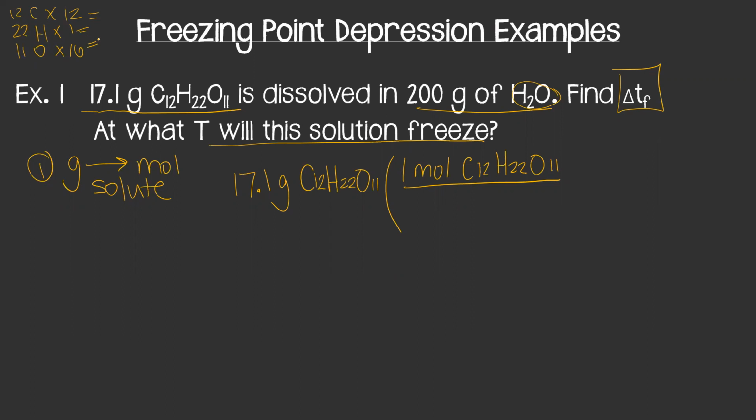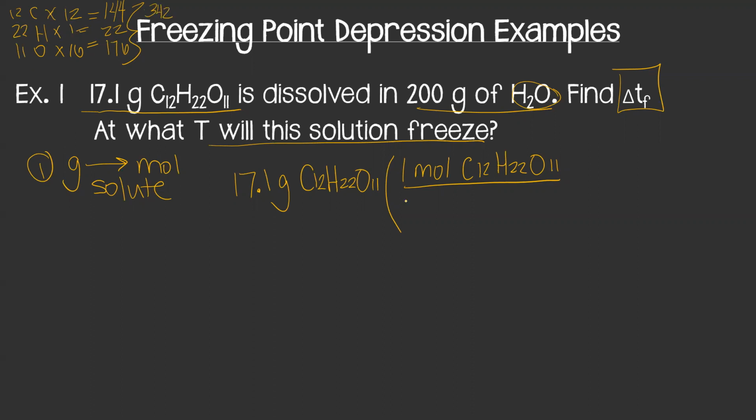All right, so 12 atoms of carbon at 12 each gives us 144. 22 hydrogens at 1 each gives us 22. And then 11 oxygens at 16 each gives us 176. So if I add those all together, I get a mass of 342.